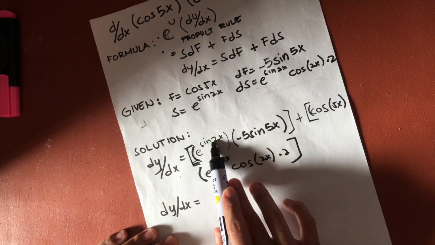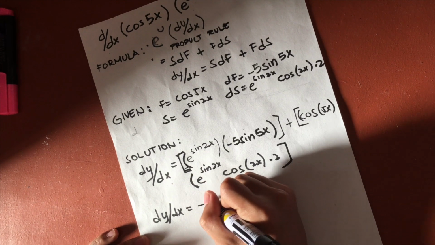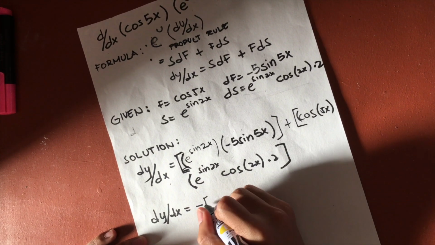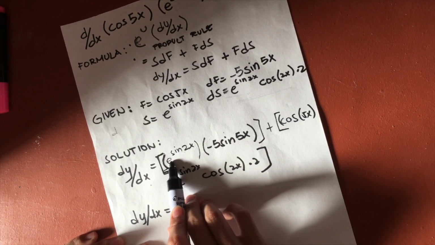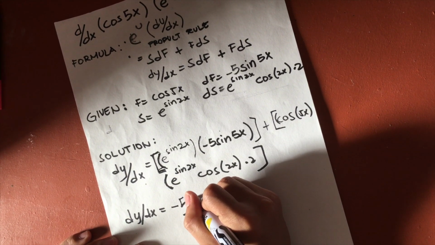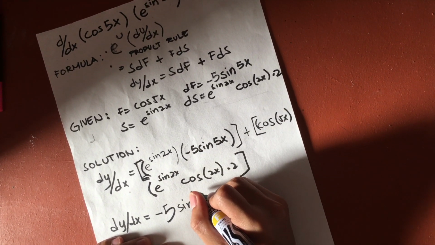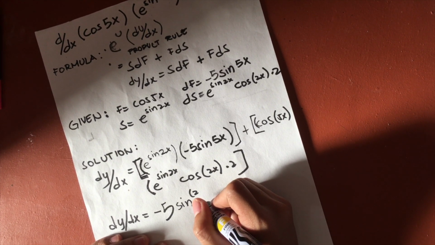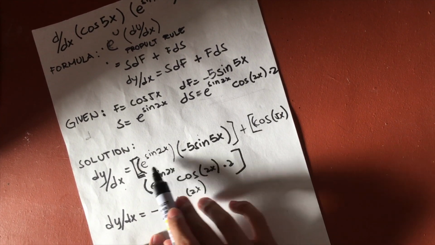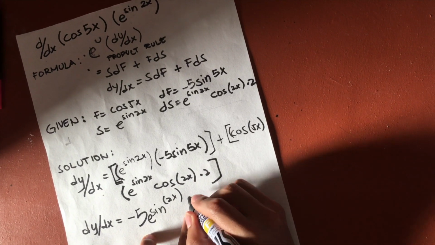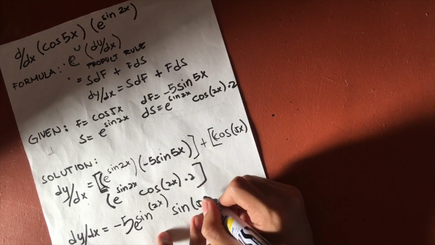Now, e^(sin 2x) times negative 5 sin 5x: negative 5 times e^(sin 2x) gives negative 5 e^(sin 2x), times sin of 5x.